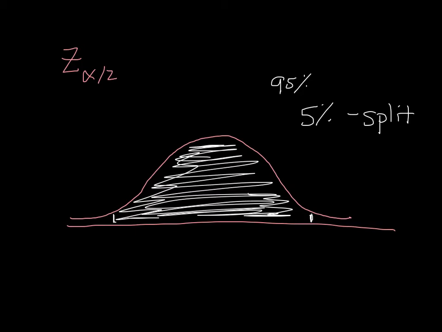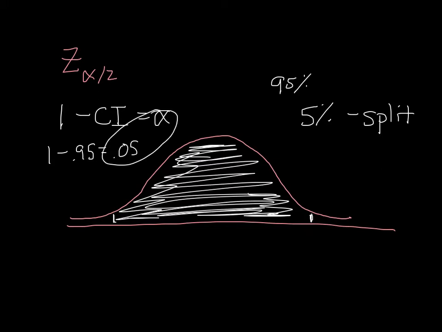So our alpha value is basically 1 minus whatever our confidence level is. And we're going to use 95% more often than not. So our alpha value in this problem would be 1 minus 0.95, or 0.05. That would be alpha. And by dividing it by 2, what we're saying is 0.025 is going to be in this tail, and 0.025 is going to be in this tail.